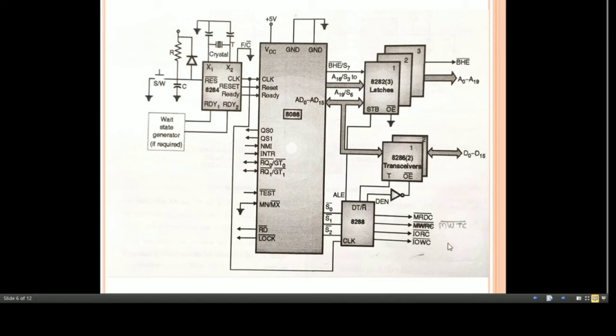These signals instruct the memory to accept or send data on the data bus. Means based on either the memory is read or memory is written, the data can be read from the memory or it is put on the data bus.